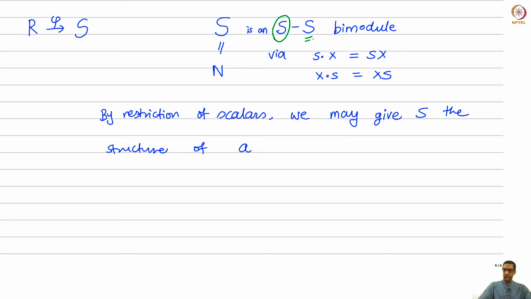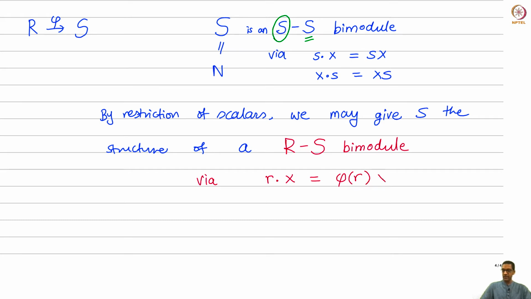So, and then I'll put back this S. Okay, so here's what I can do. I can make it into a left R module and keep the same S module structure as before. I can make it into an RS bimodule. Okay, what's the definition? Therefore, how should I make R act on the left? What does restriction of scalars say?